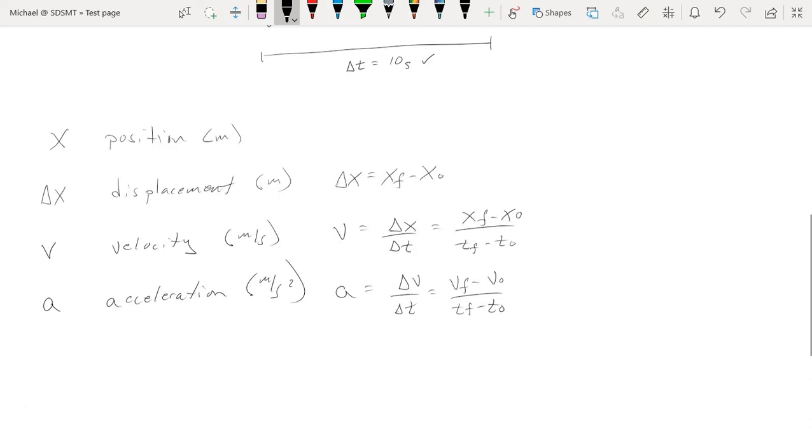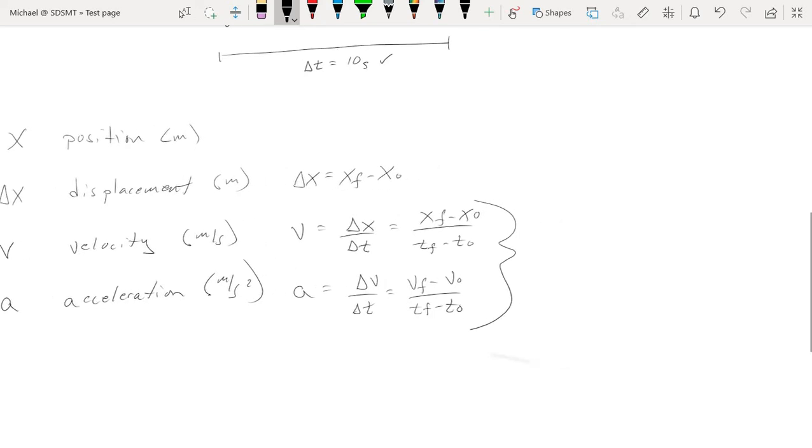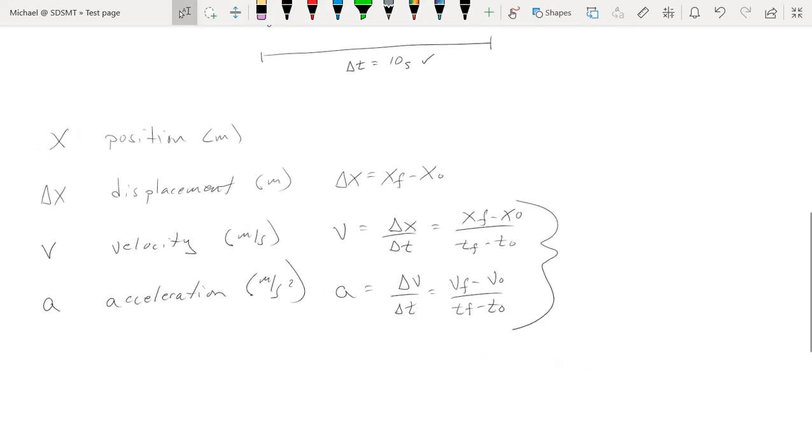Okay, so there's everything that we have so far. I want to focus on these two expressions, because now that we have delta t worked in there, remember, delta t is the time interval that everything has taken place with.